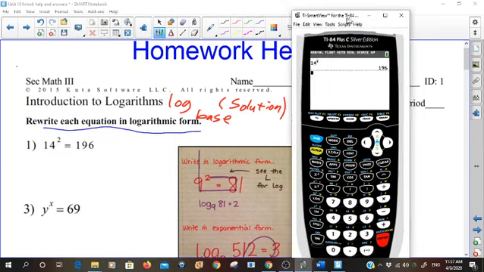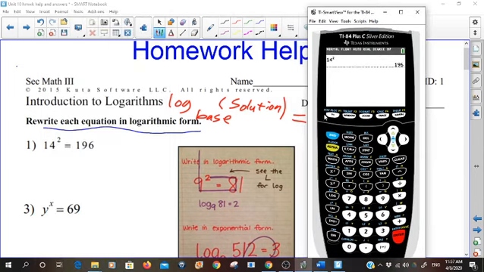Cool. Well, the opposite or the inverse of that is also true. What do you mean, Mr. Gibbo? Well, it turns out that the log base 14 of the solution, 196, equals the exponent 2.